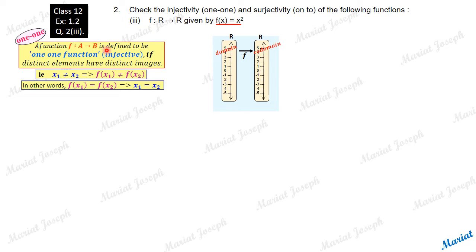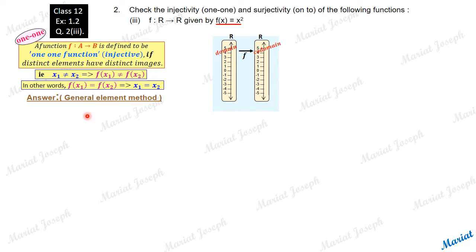Once more, when the elements x1 and x2 are unequal, the images should also be unequal. In case the images are equal, then the elements x1 and x2 should also be equal. These are two interpretations of the definition. While checking whether it is a one-one function, we can use either of these. I am going by the second interpretation.